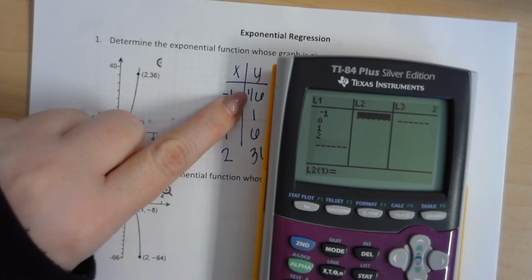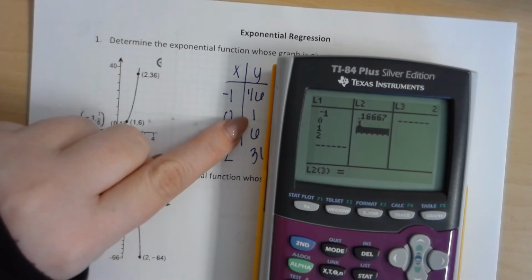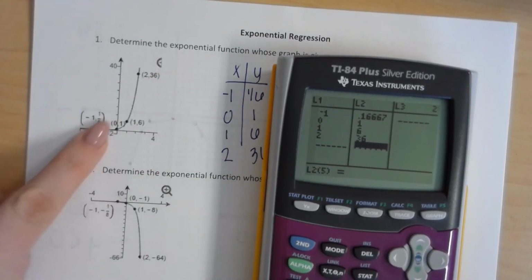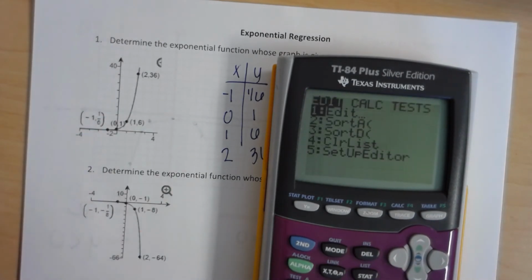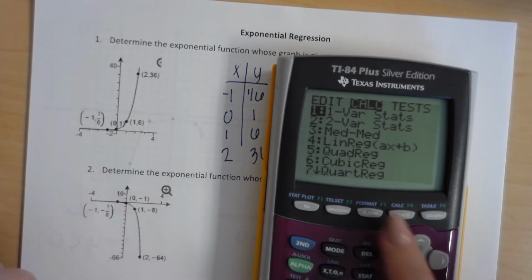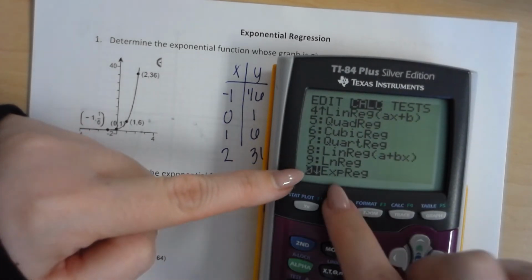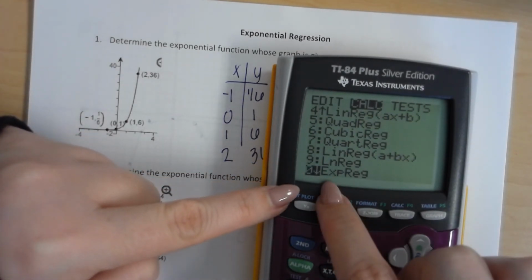And under L2, we're going to put our y values: 1 divided by 6, 1, 6, and 36. Now this is an exponential graph. So now we're going to go back to Stat and go to Calculate, and we're going to find ExpReg right here under 0.